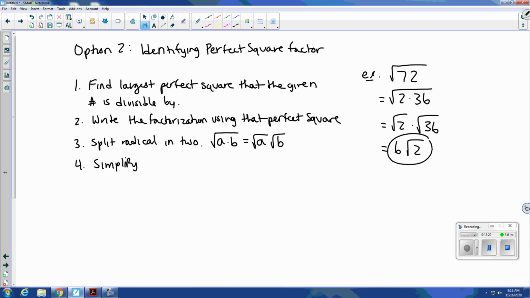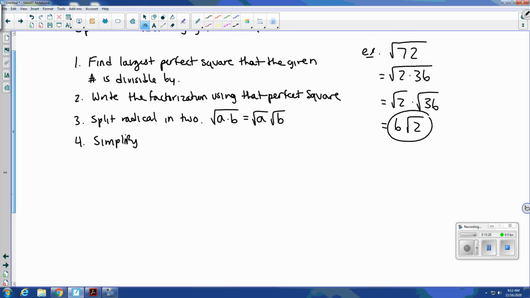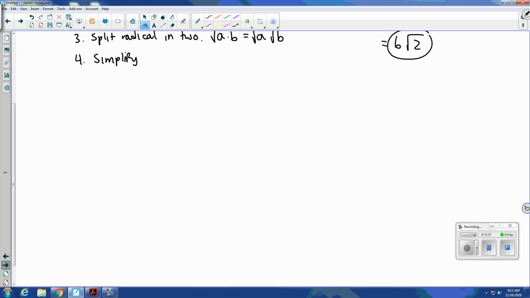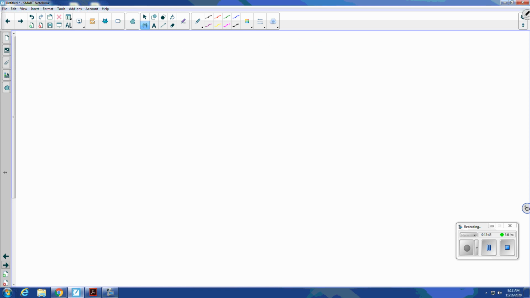So if we can identify the largest perfect square that goes into that number, write that number as a product of that perfect square and whatever number is necessary to complete that, split it, simplify, done. So let's go back to the other examples that we used before. Square root of 405, let's do that. You'll find the largest perfect square that goes into that is 81.